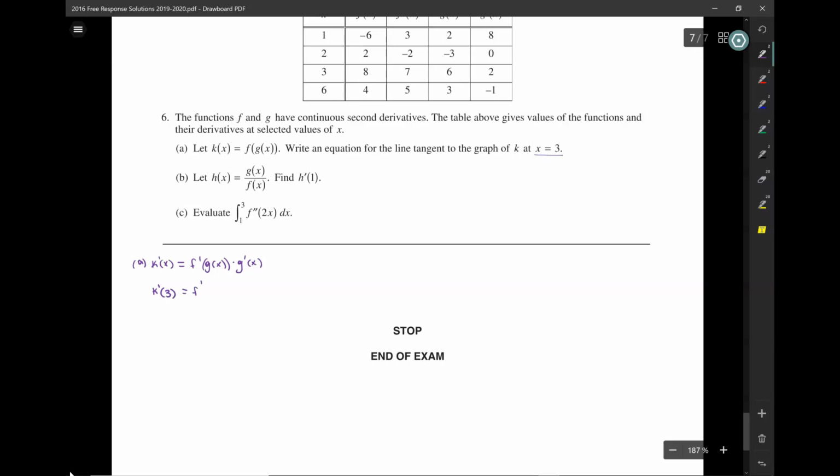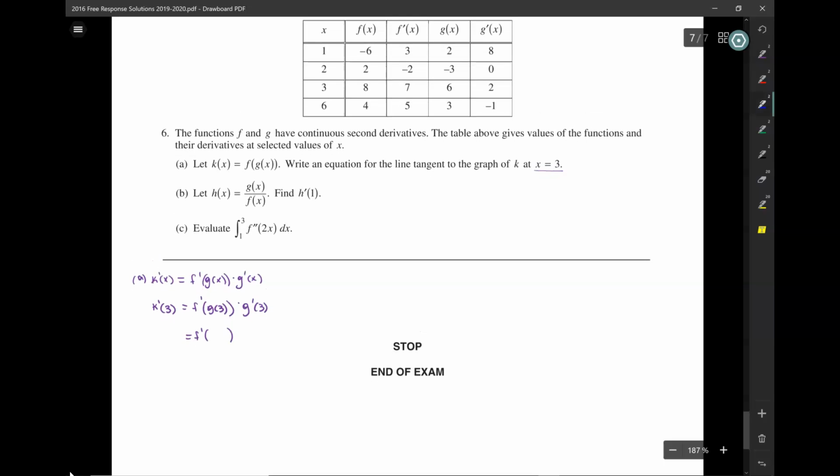So this is f prime of g of 3 times g prime of 3. Well, g of 3 is 6, times g prime of 3, which is 2. And then, these are fun, I love these. f prime of 6, so f prime at x equals 6 is 5.